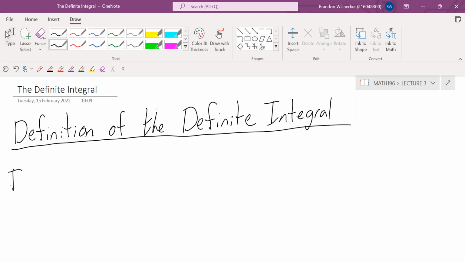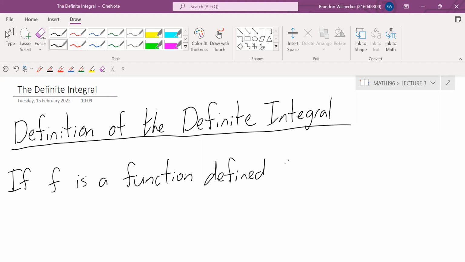So if f is a function defined for x values that lie between a and b. In other words, it's defined on the interval from a to b.